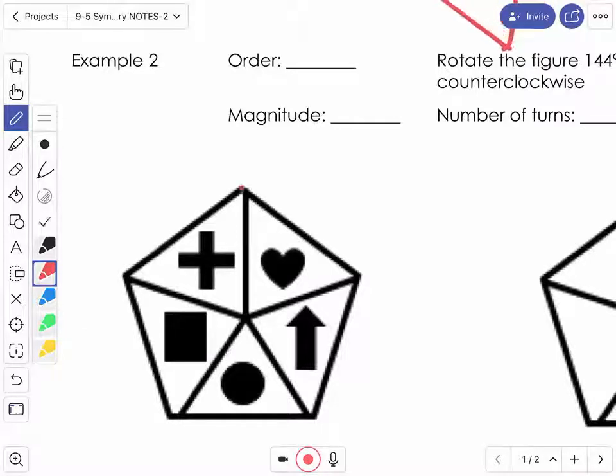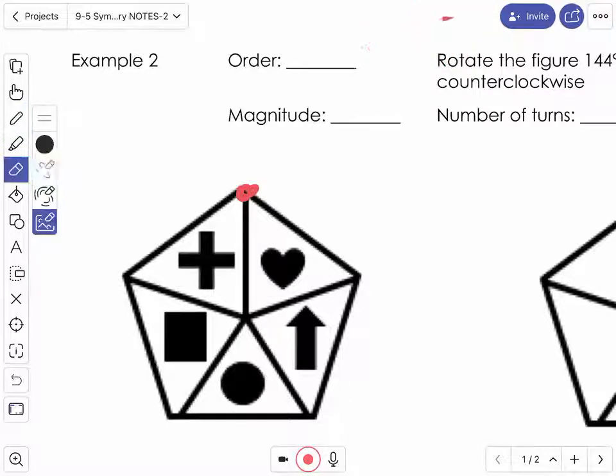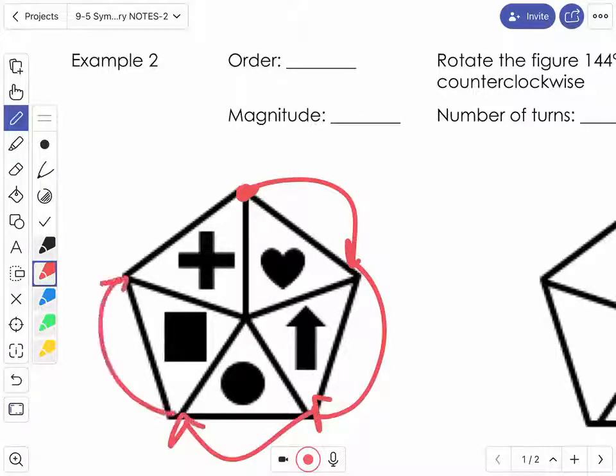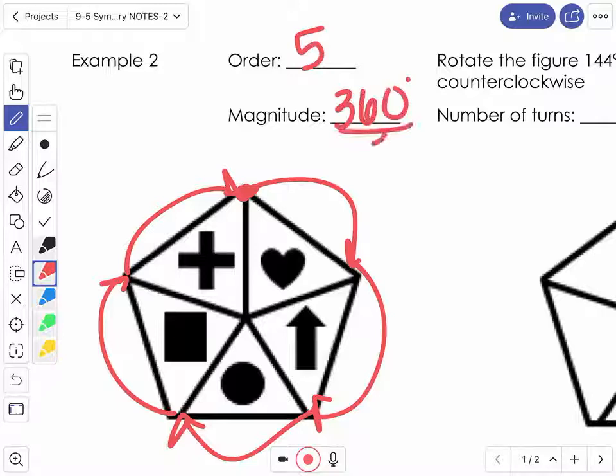And if we did the same rotations, I get 5 total turns. So my order is 5. 360 degrees divided by that 5 means I have 72 degrees for one rotation.